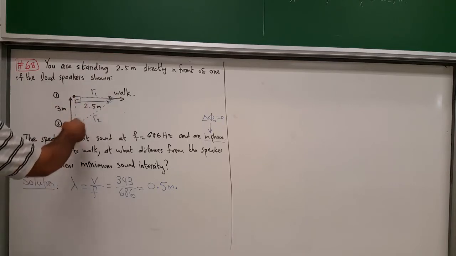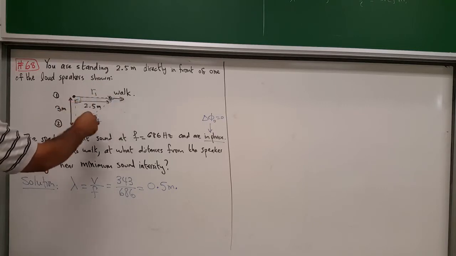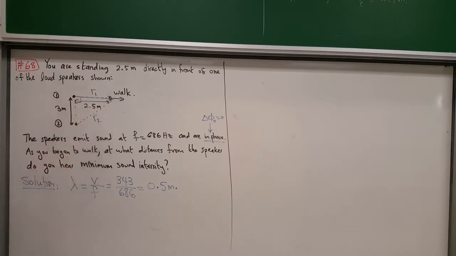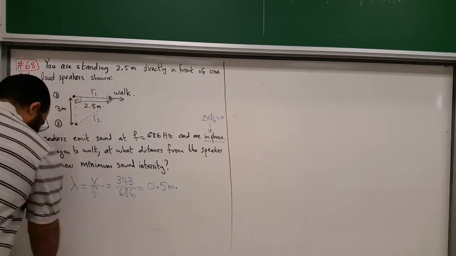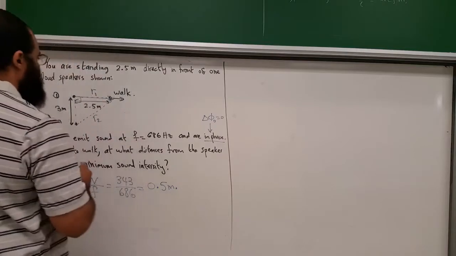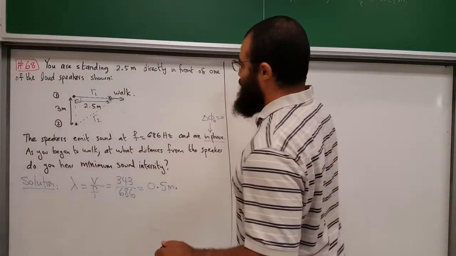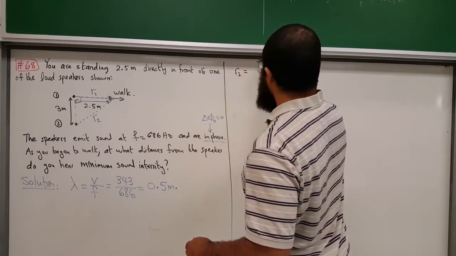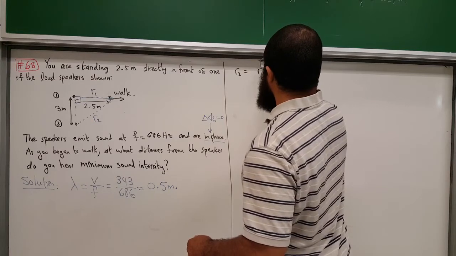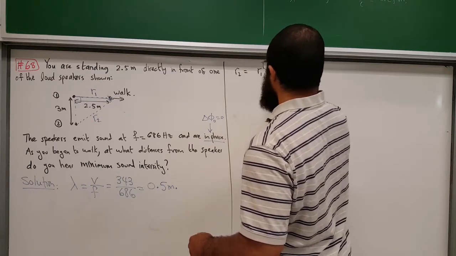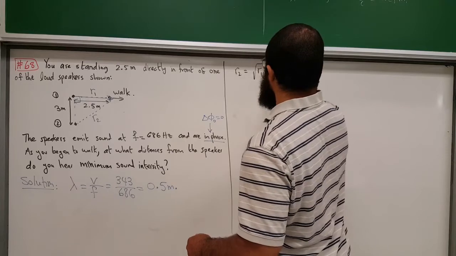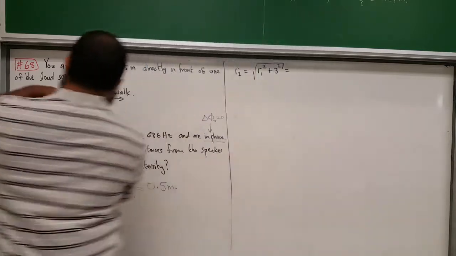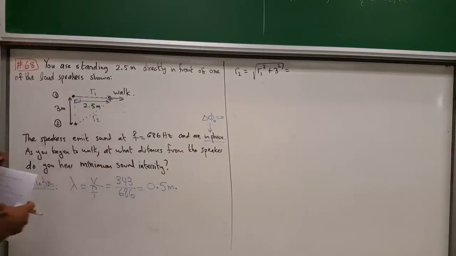But for R2, you're going this way, so 3 squared plus R1 squared is equal to R2 squared. So R2 equals the square root of R1 squared plus 3 meters squared. That is R2.